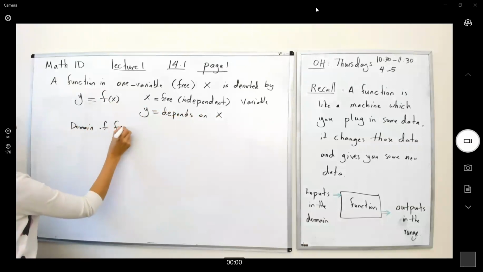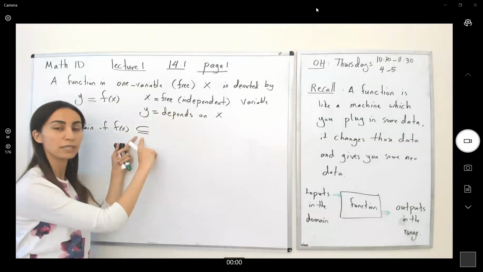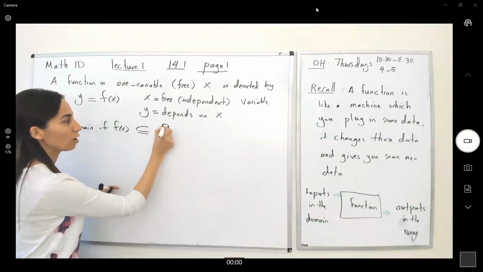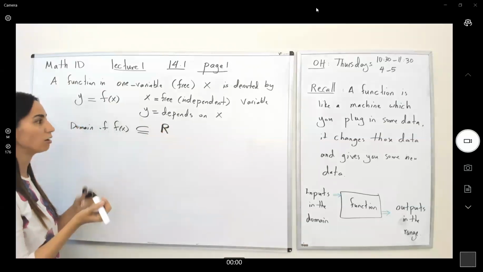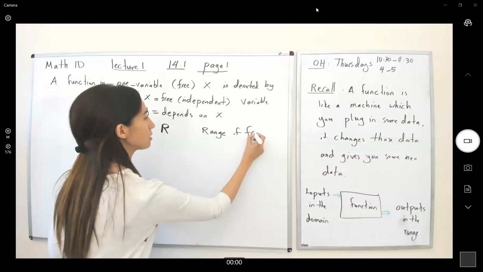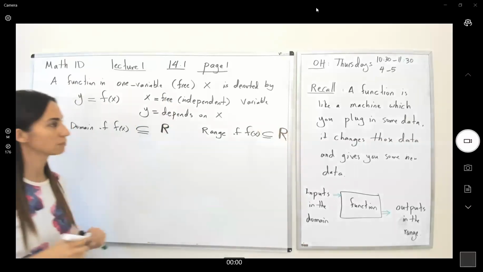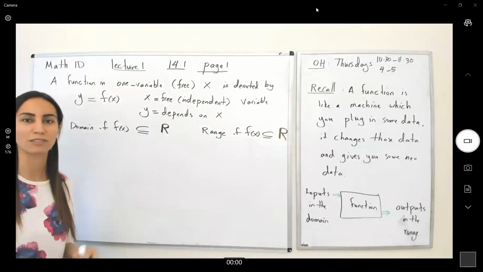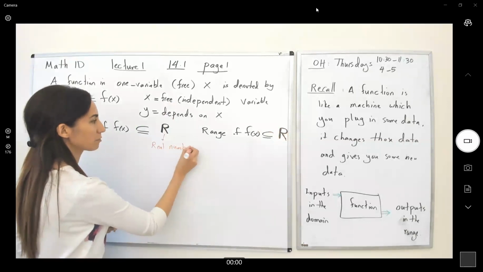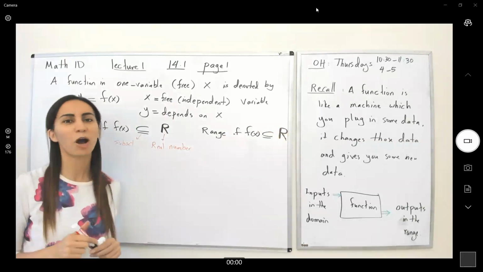Domain of f of x is a subset. Remember the notation of being a subset, subcollection of R, all real values, and also range of f of x is also a subset of R. Again, R, what is R? R is real numbers. And this symbol is subset or sub-collection.